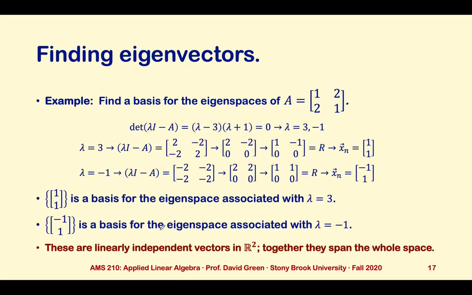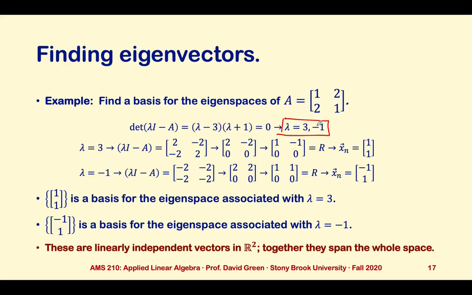Let's go through a couple more examples to highlight what we mean by this. Let's start by finding a basis for the eigenspaces of this matrix. This is the one that we worked with before, the first example for eigenvalues, and we had seen that it has two eigenvalues, lambda equals 3 and lambda equals -1.